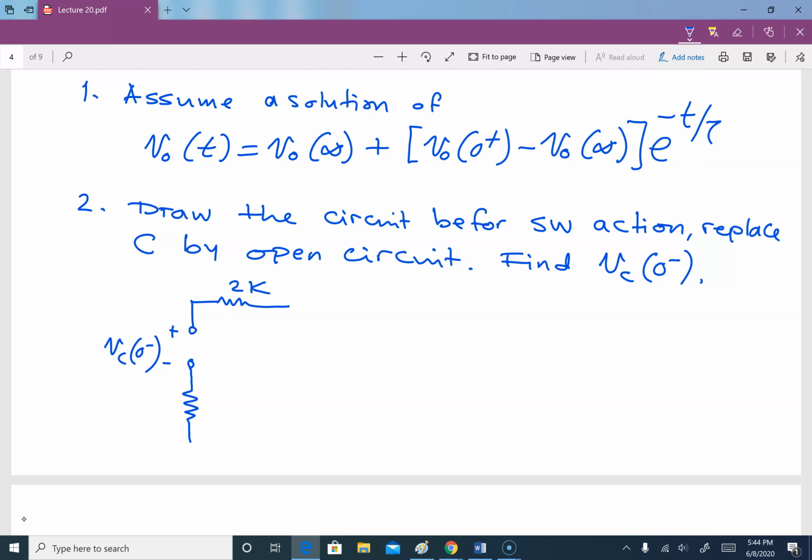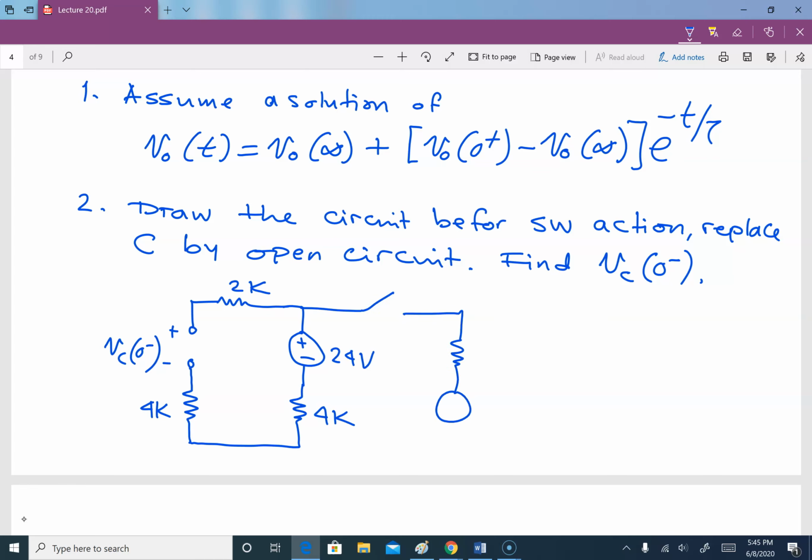This is 2K. Over here we have 24 volts. We have 4K here. We have 4K here. So our switch is open. Since this is open before switch action, the whole thing here will not affect anything, so we can just take it away.